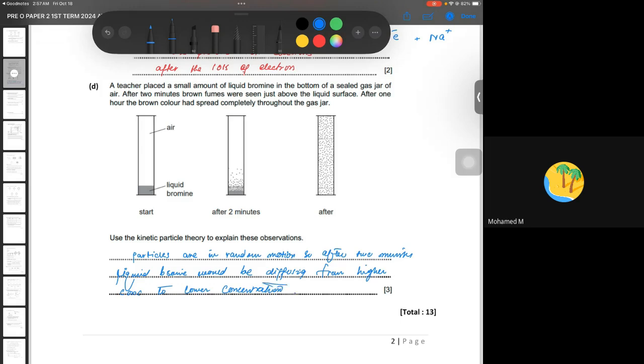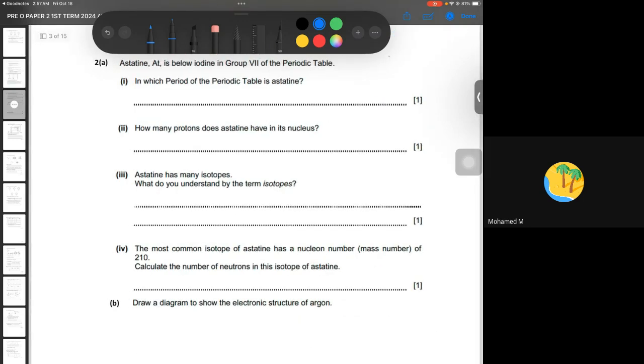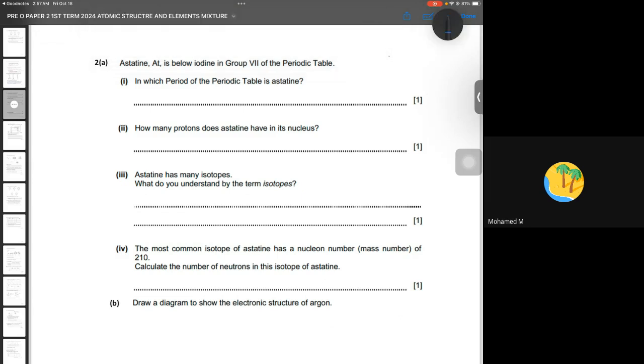Then in which period of the periodic table is astatine? Astatine. One second, let me just check. I get the periodic table up.